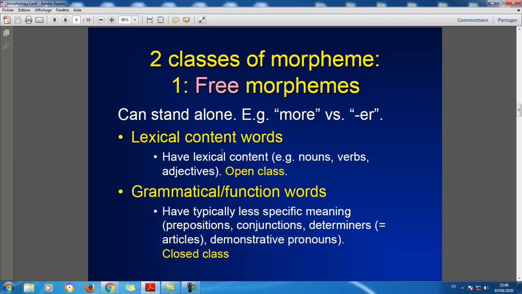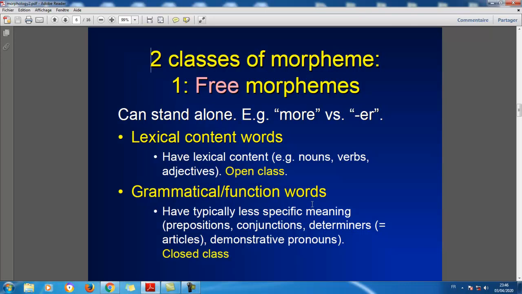So look here, we have got lexical content words. We call them content words because, as I said, they express the main message, the main meaning of the whole sentence, for example. But these ones have got less specific meaning. Let me give you just a very simple sentence through which we can make this difference clear.